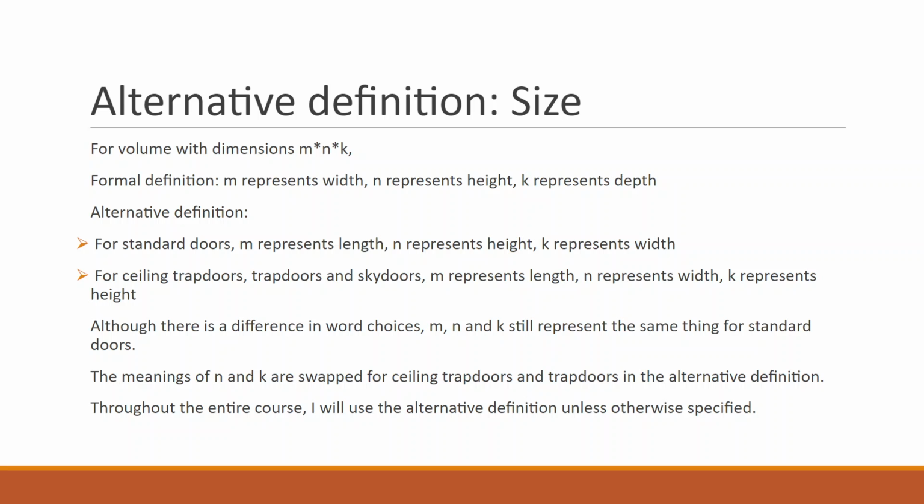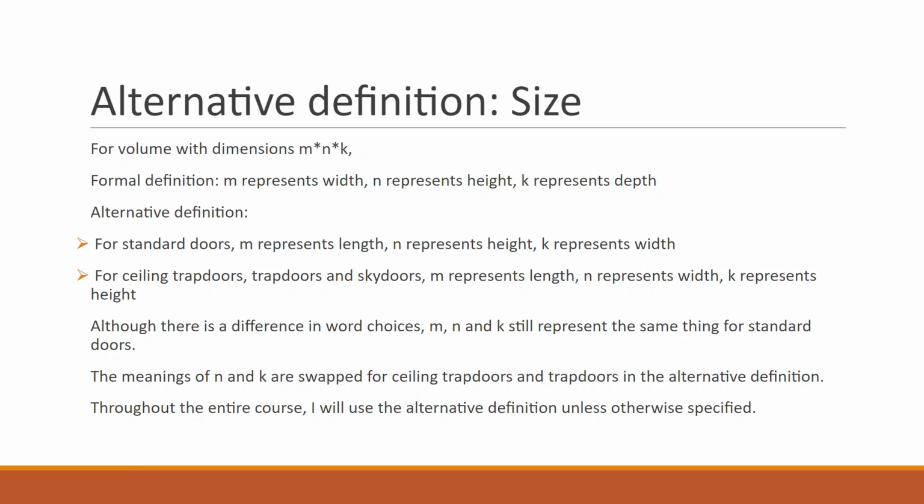Like you see here, width represents the K depth here, and then the K represents the height, which should correspond to N representing height in the formal definition. And throughout the entire course, I would use the alternative definition unless otherwise specified.